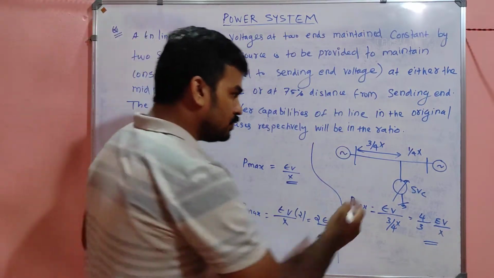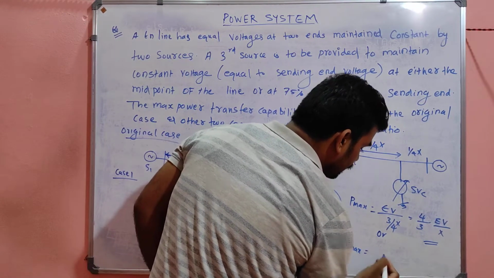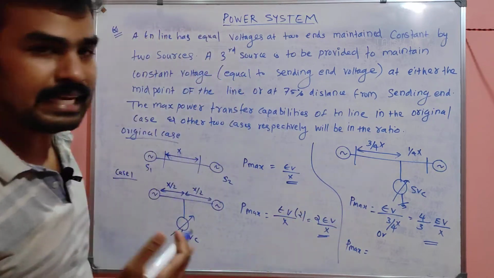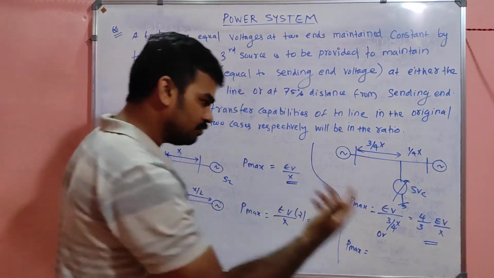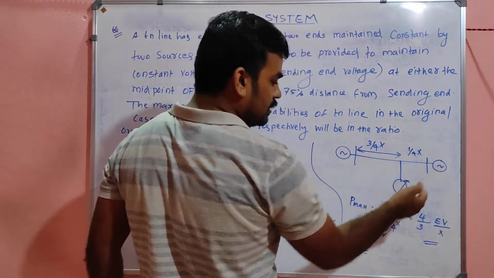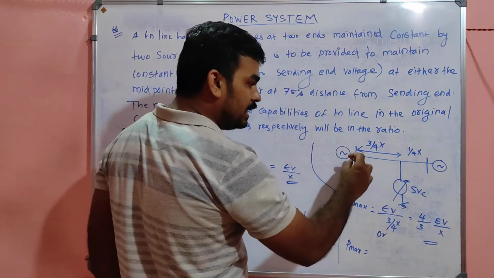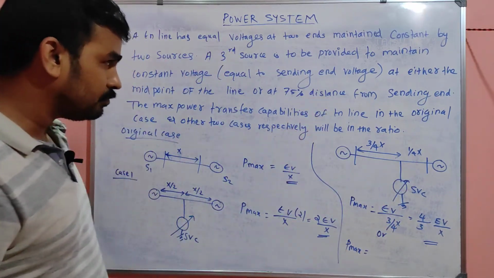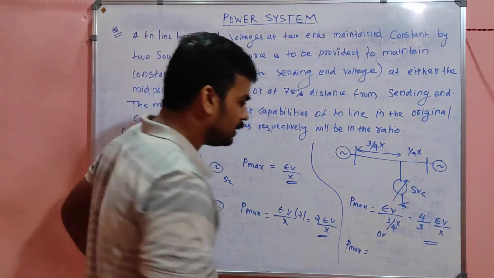Another possibility is also there. If you are taking from the sending end, it is specifically given. So there is no need to use the other term, EV by 1 by 4 X, though you can take that also. But maximum power transfer is there or not, we have to check now.